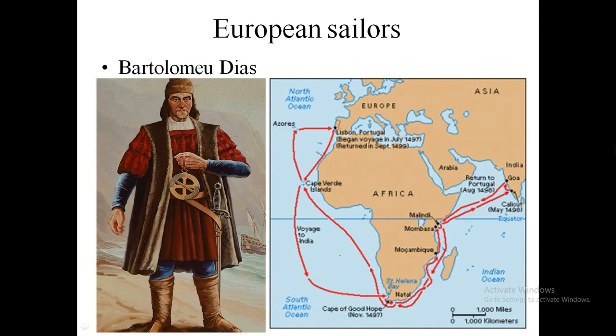In 1487 AD, Bartholomew Dias began his expedition in search of India, but reached the tip of the African continent, which we now know as the Cape of Good Hope.